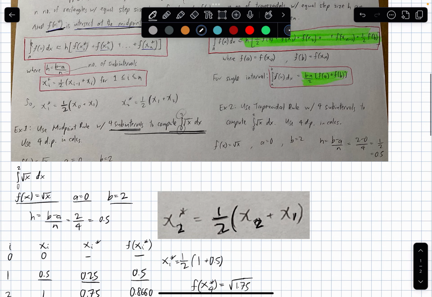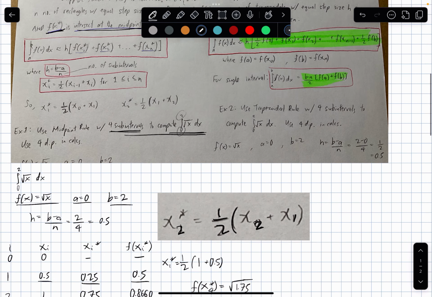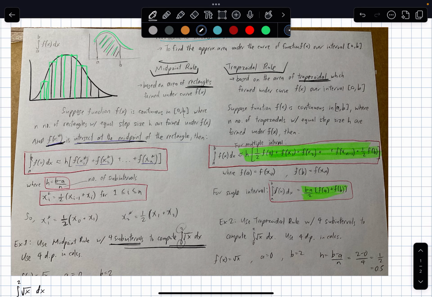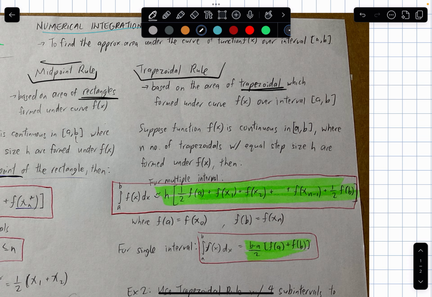Next, what if we wanted to answer the same problem such that we use trapezoidal rule instead? More specifically, multiple interval. No? Kasi for trapezoidal rule, there are two approaches. One is if you solve using multiple interval, and the other is if you use the formula for single interval instead.